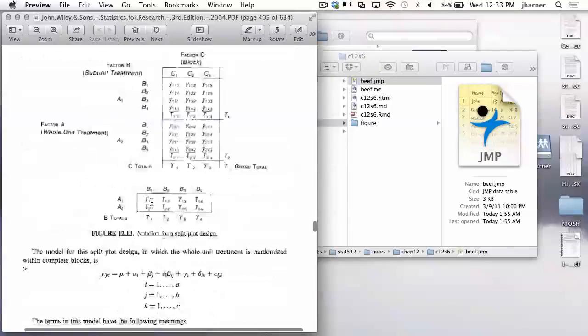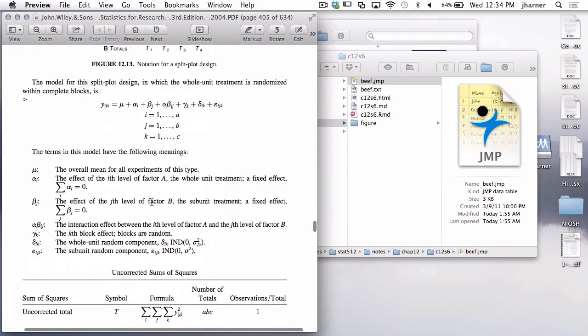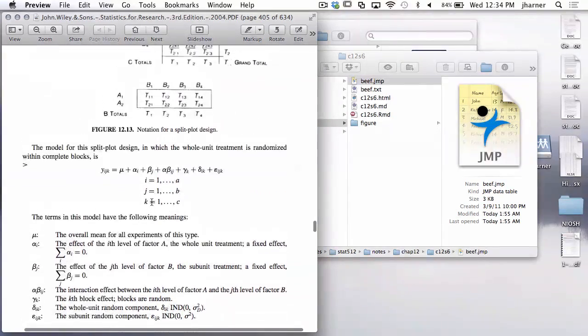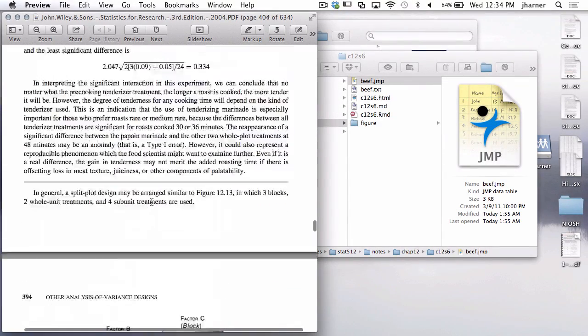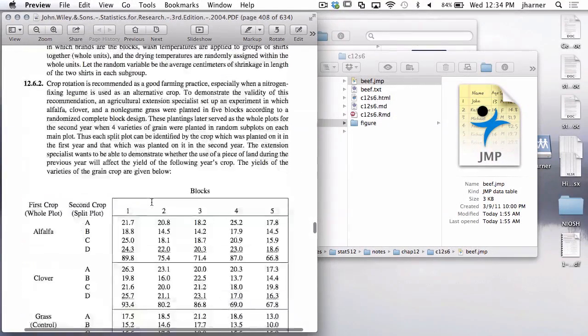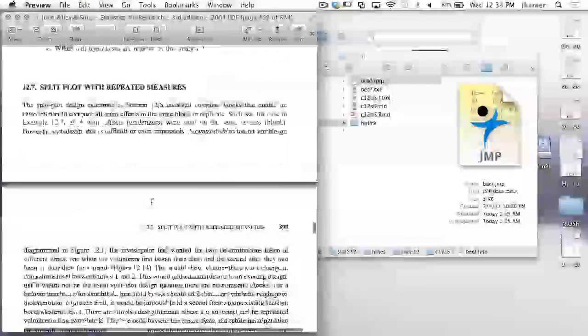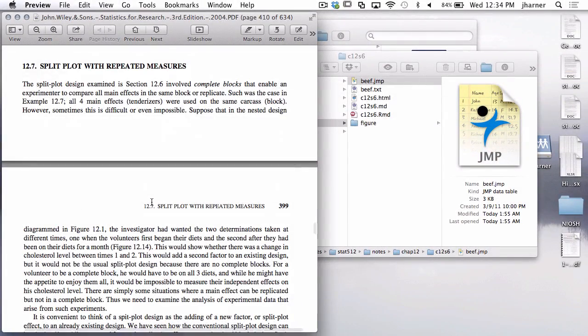I'm looking for section 7. Okay, this is it. Split plot with repeated measures.